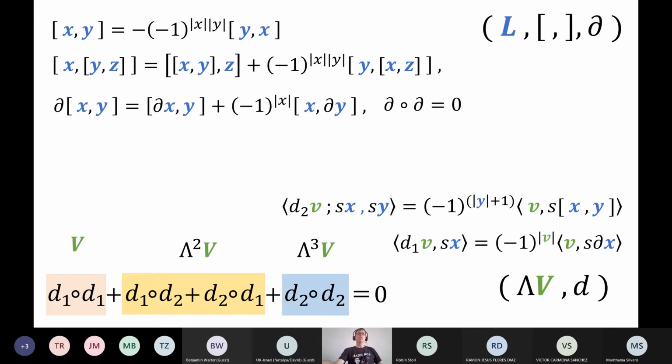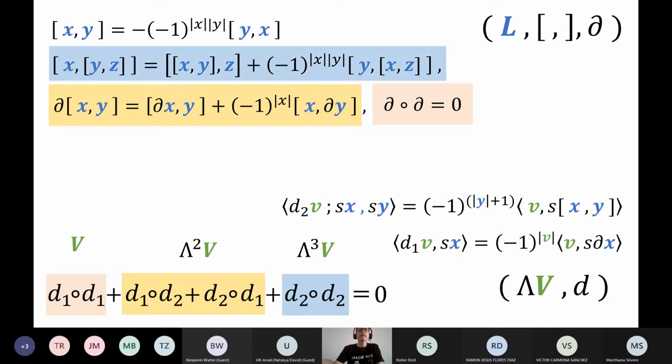So if this sum is 0, all these three terms have to be 0. The first one is 0 because we have a differential in the DGL. The second one is 0 because this differential is a derivation. And the third one is 0 because we have the Jacobi identity.